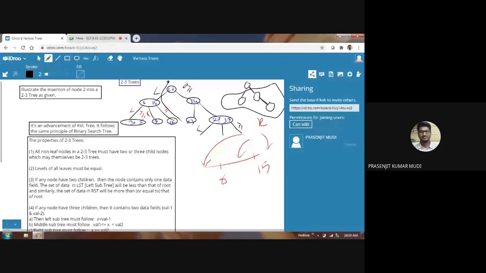If you are going to search in the larger height, then it's a problem. Searching will not be efficient. So to overcome this limitation, you bring in the AVL tree concept, where you try to balance the height of both the left subtree and right subtree.